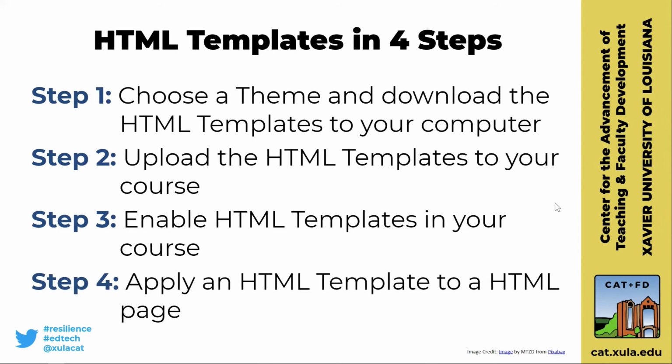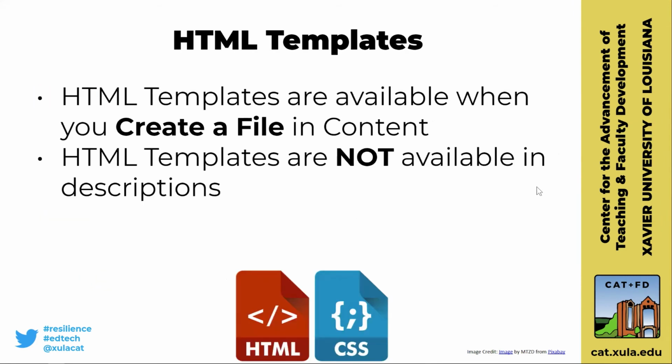So you're going to go to create a file. The templates are available when you create a file in content. You cannot use HTML templates in the descriptions. They're not available in descriptions, only available when you go to create a file.